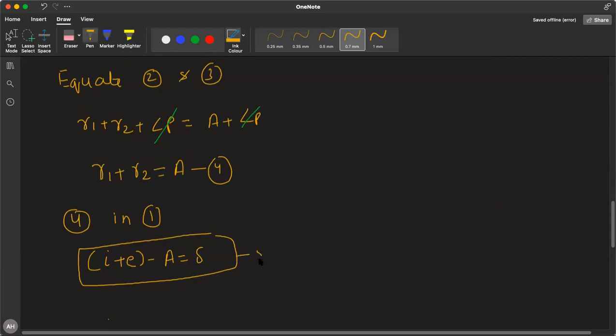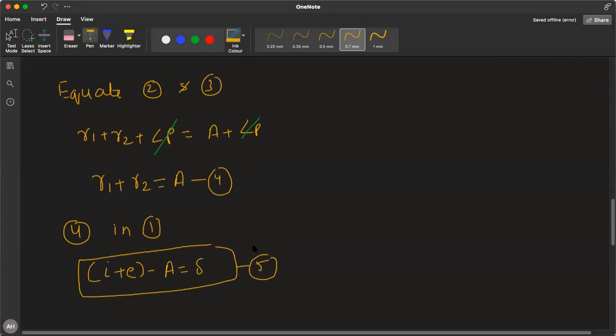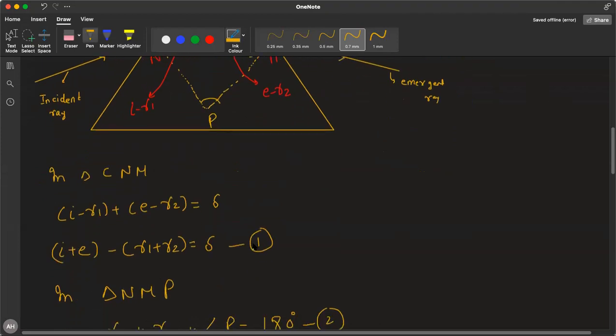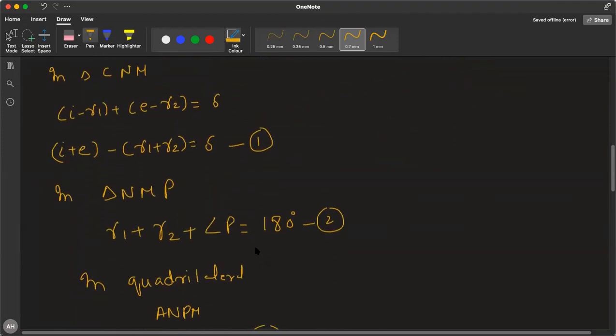This is equation number 5 now. Note it down. Then we will connect it with the refractive index also. We'll use Snell's law and we'll try to connect it with the refractive index also.